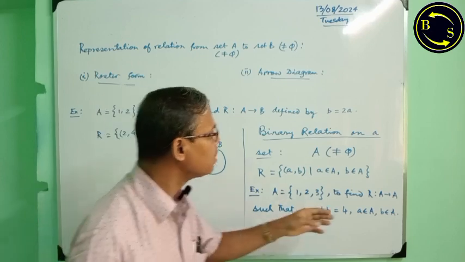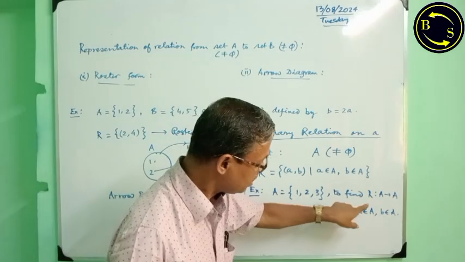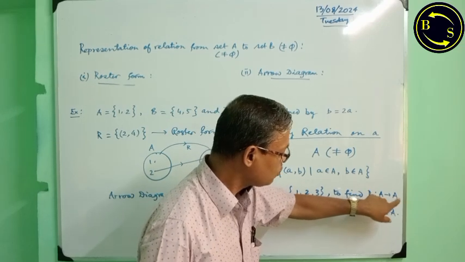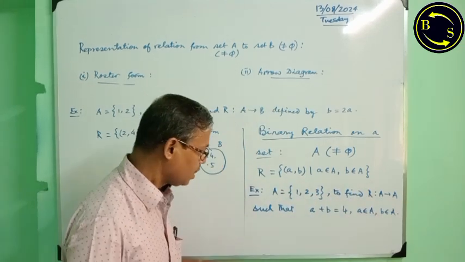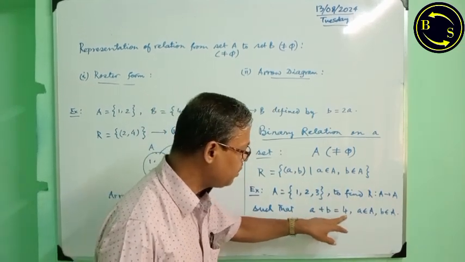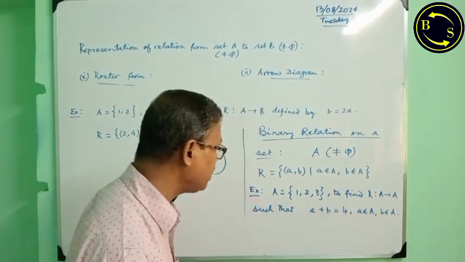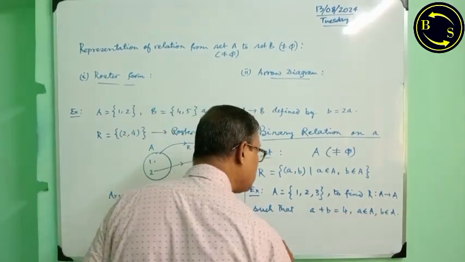Now we are going to take the relation on set A, represented by this symbol R, from set A to set A such that a plus b is equal to 4, where a, b both are members of set A. Then what will be the relation?